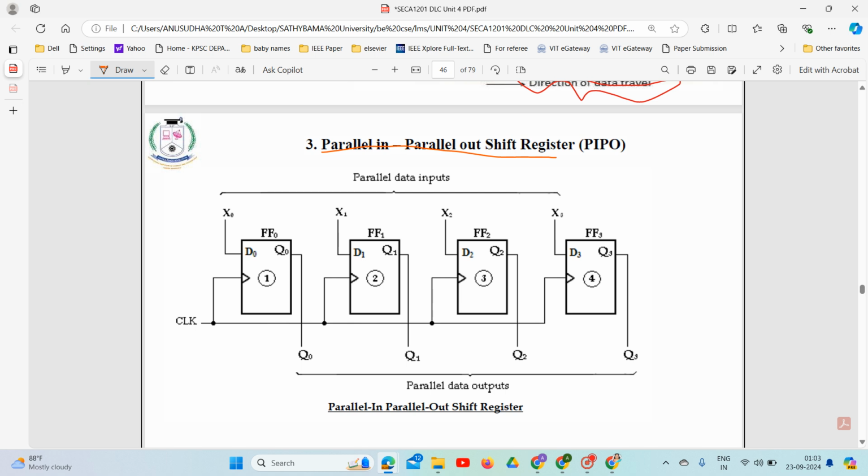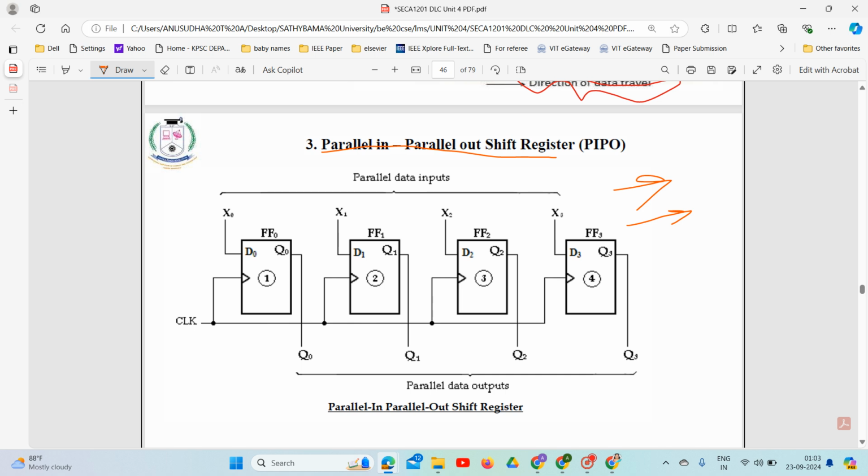In serial input, serial output, it requires only one wire to transfer the data, right? And to receive data we need one more wire, but here we need more number of wires to transmit the data.